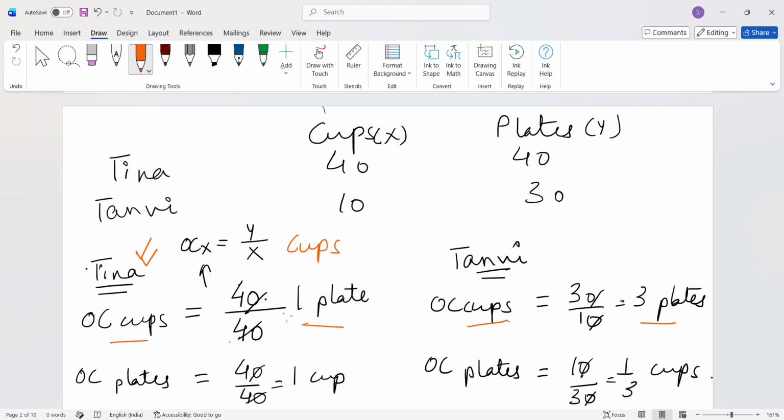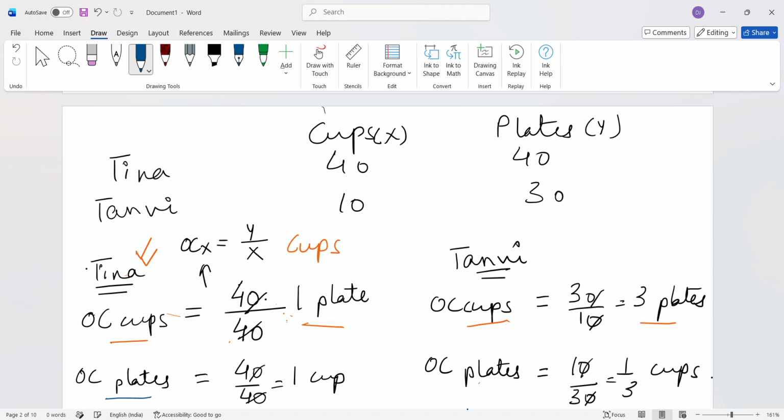And if I talk at a macro level, then a country that has a lower opportunity cost in the production of a good would be producing that good and exporting that good to the other country. Now if I look at plates, for Tina, the opportunity cost for plates is 1 cup.